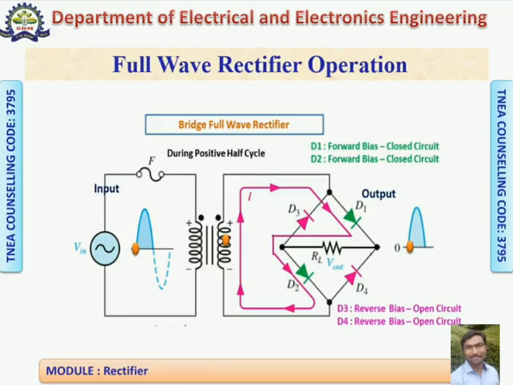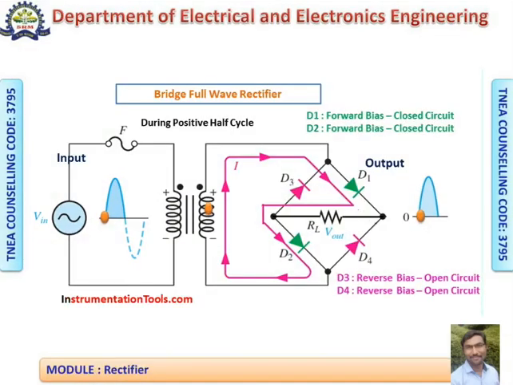The operation of the full wave bridge rectifier also involves 2 half cycles. During the positive half cycle, diodes D1 and D2 will remain in forward bias condition, while diodes D3 and D4 will remain in reverse bias condition. Hence, the current flows from the secondary winding of the transformer to the load RL through diode D1 and flows back to the secondary winding through diode D2.